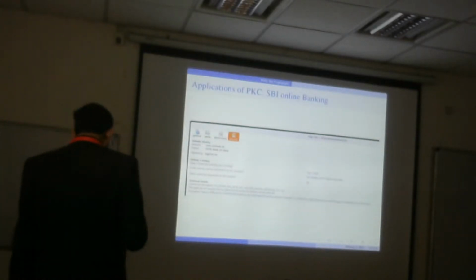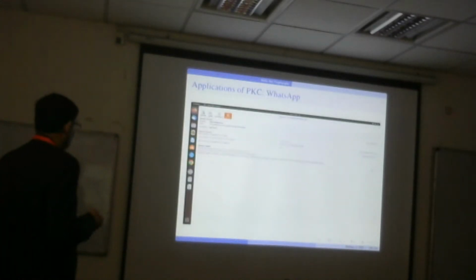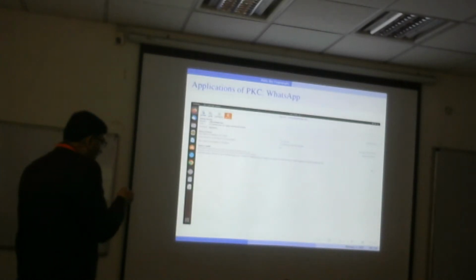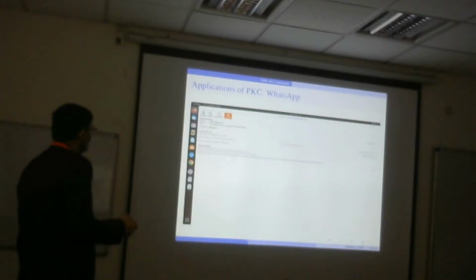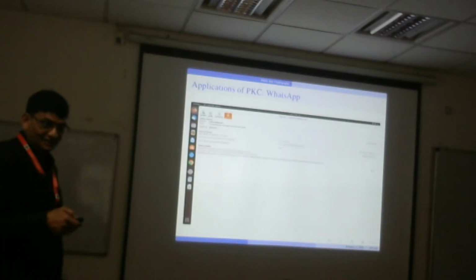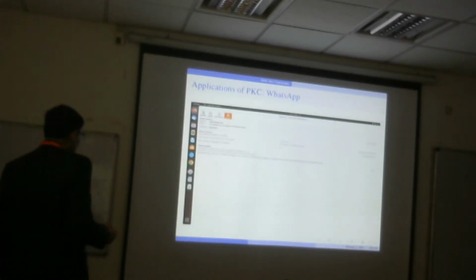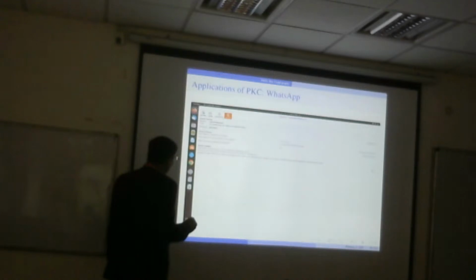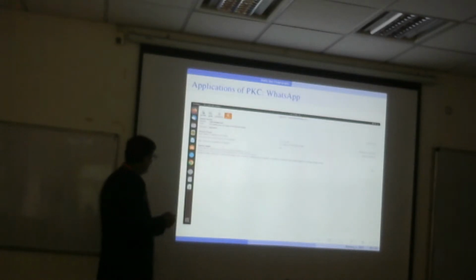If you use the WhatsApp web version, you can check what kind of protocol they are using to provide end-to-end encryption. They are using TLS 1.3, the new generation of TLS.